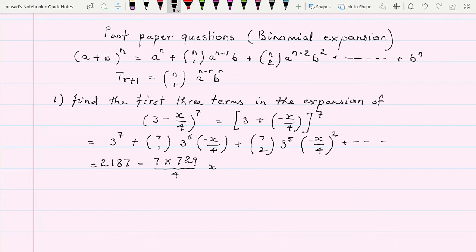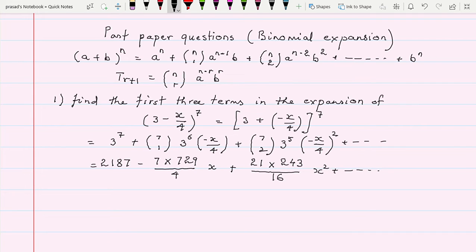Now next term. Now keep it in mind that negative square is positive. So this term will be positive 7c2, that is 21 into 3 to power 5, that is 243 divided by 4 square, that is 16. X upon 4 the whole square, that will be x square upon 4 square, that is x square upon 16.